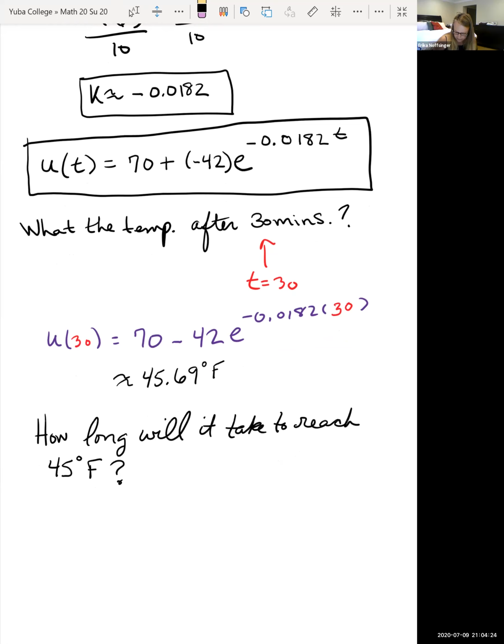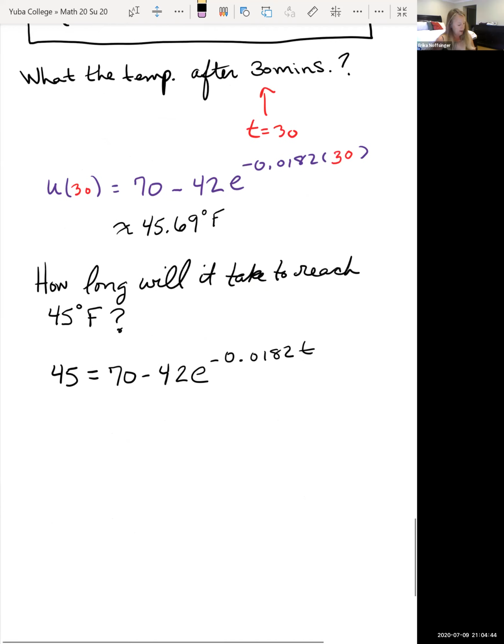Okay, so plugging everything in here, I get 45 is the degree I want equals 70 minus 42 e to the negative 0.0182 t. I have to subtract both sides by 70 to first isolate that exponential piece. Again, we get negative 35 when we subtract that equals negative 42 e to the negative 0.0182 t.